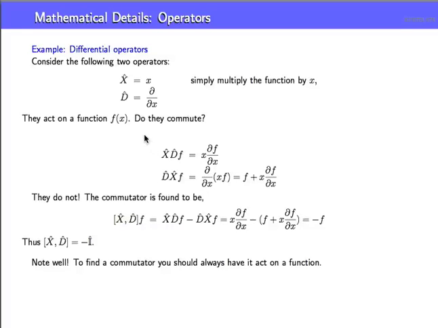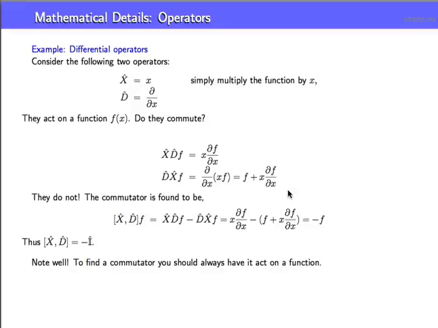Notice here, I'll do it in one order first, x D f. That means we're taking the derivative first, which is the inside part, and then multiplying by x. So that's just equal to x partial f partial x. Now we do it in reverse order. We multiply by x first and then take the derivative. Now when we take the derivative, we have to use the product rule, so we get f plus x times partial f partial x.